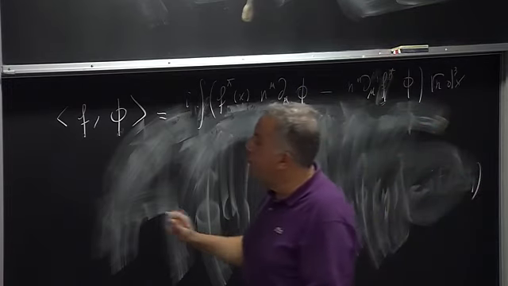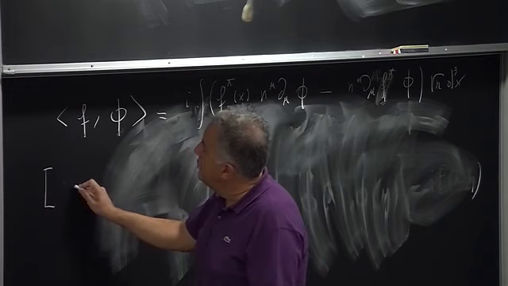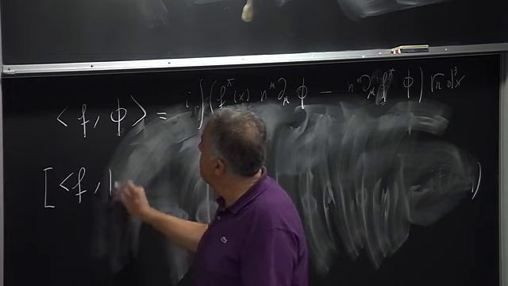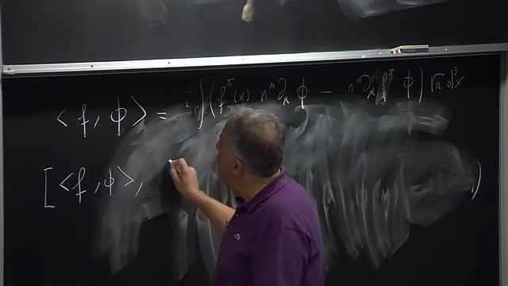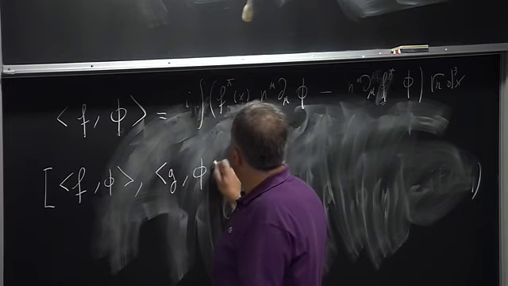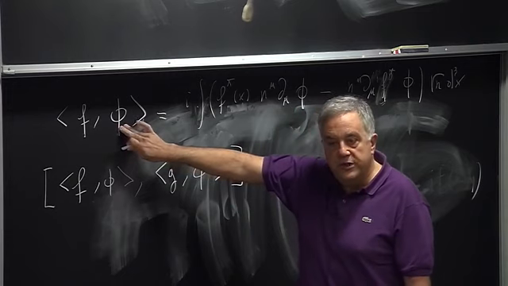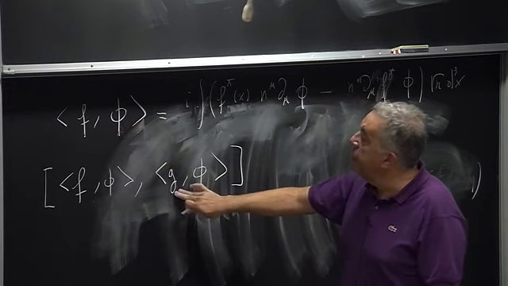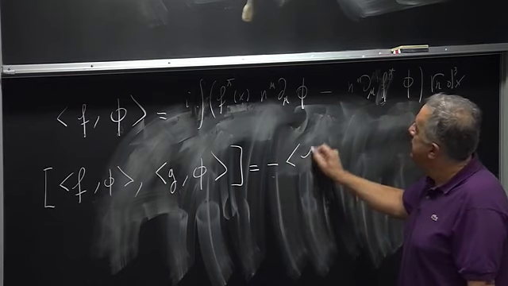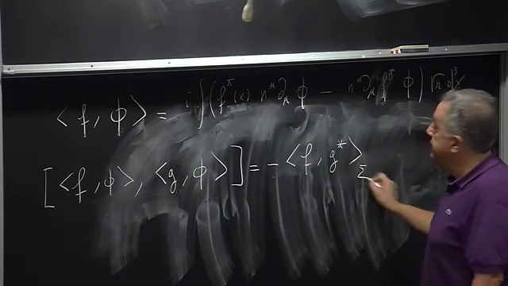So you can prove, and this is a simple exercise that I leave to you as homework, that if you compute the commutator of the field you have smeared this way with the field you smear with another solution, this is minus the Klein-Gordon product of f and g star over sigma.